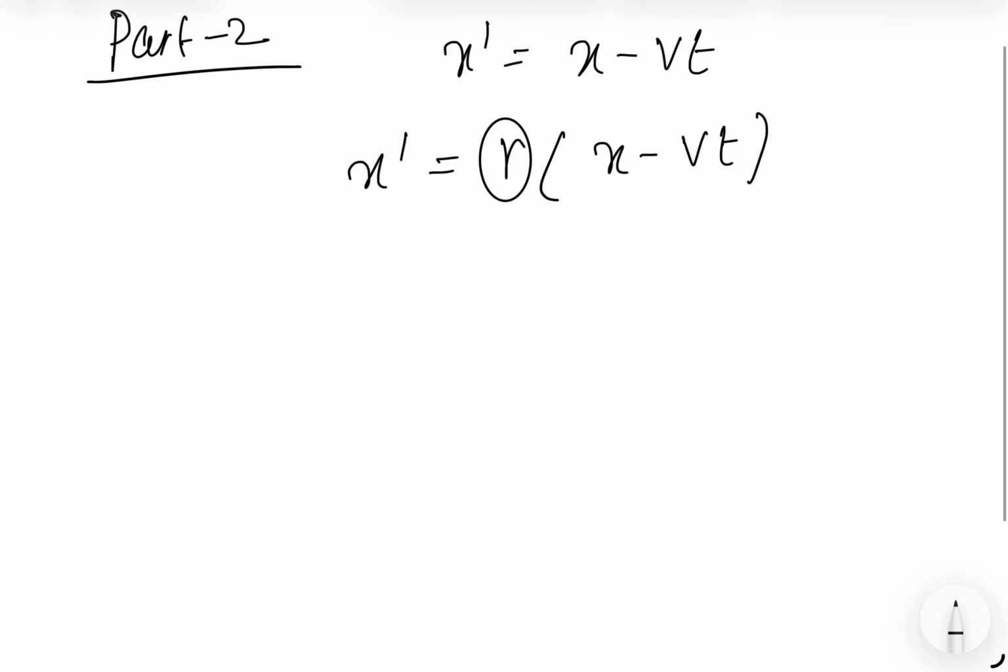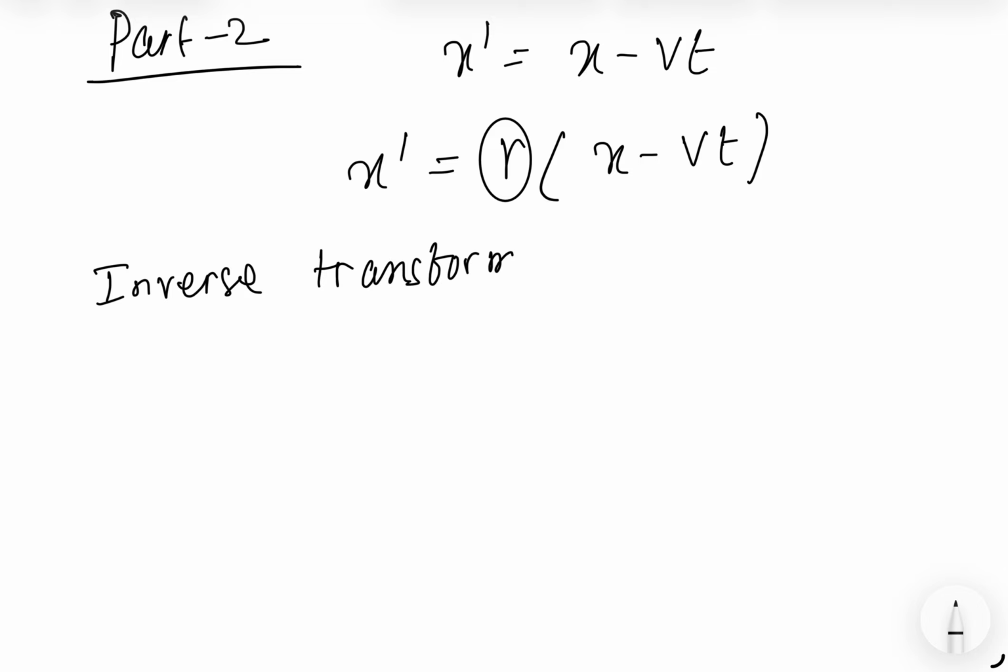Now let's use the inverse transformation. Using the inverse transformation, we can write x in terms of x dash as well. Gamma is the constant, so it will remain as it is.